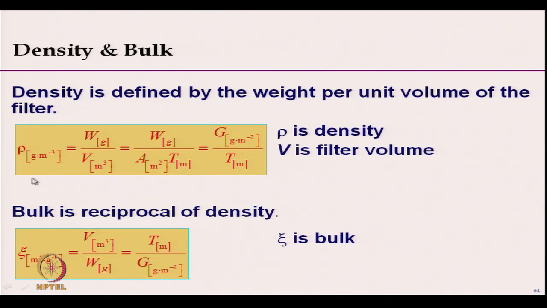So, density we can get from mass per unit area and thickness. We can calculate the mass per unit area and we can calculate the thickness of the fabric. So, from there we can calculate the density of the fabric, and bulk is the reciprocal of density. It is just reciprocal.